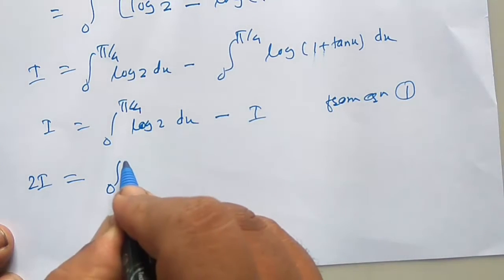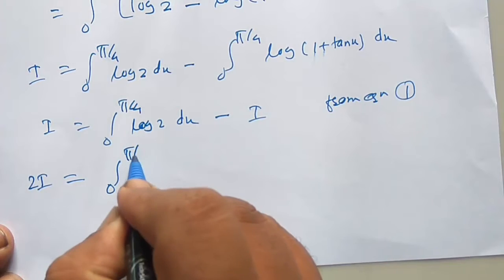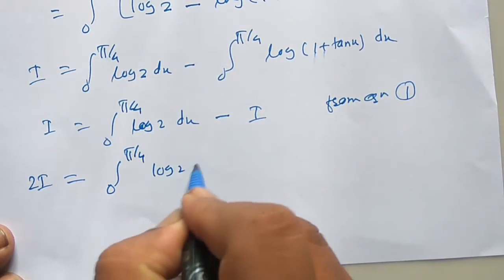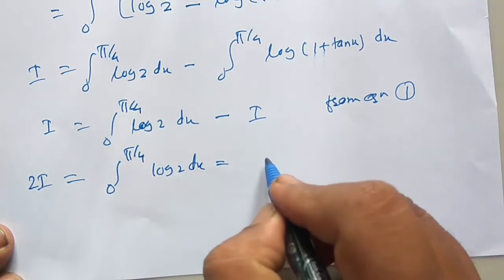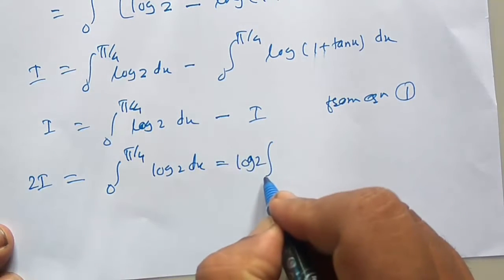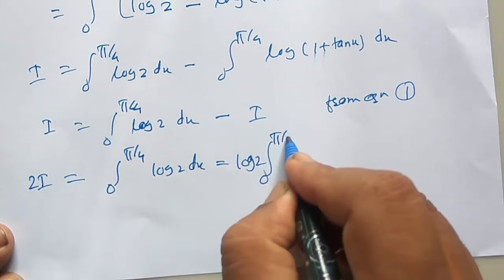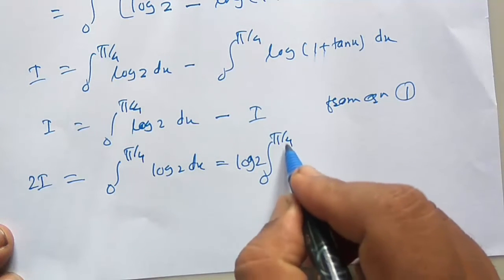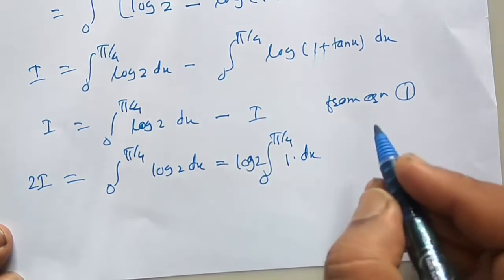It is equal to integration 0 to pi by 4 log of 2 dx. Log of 2 is constant, so integration 0 to pi by 4 1 into dx.